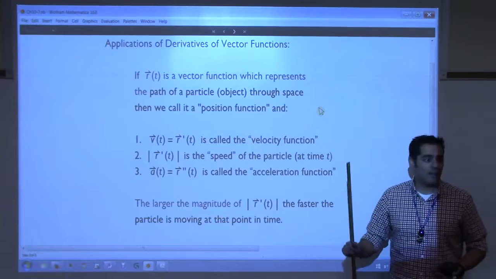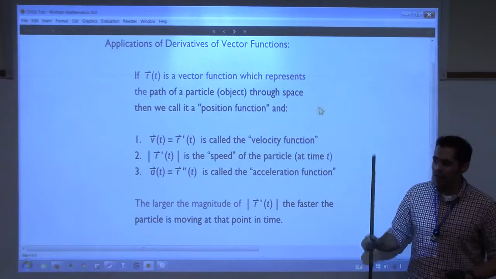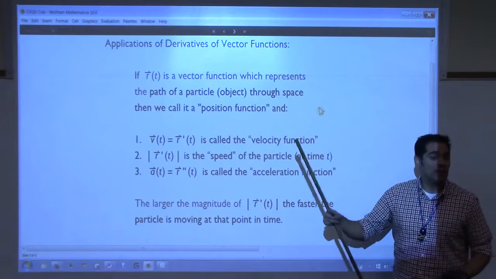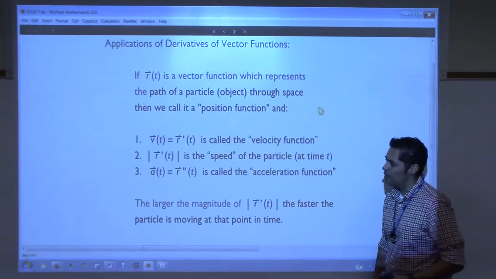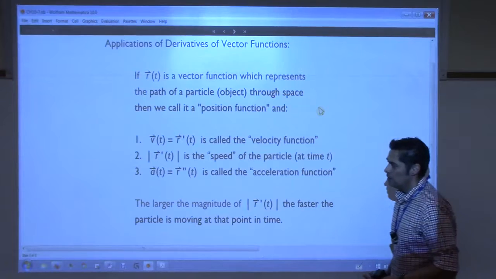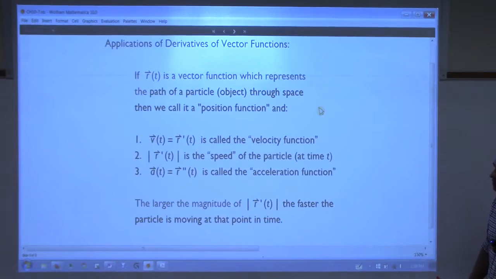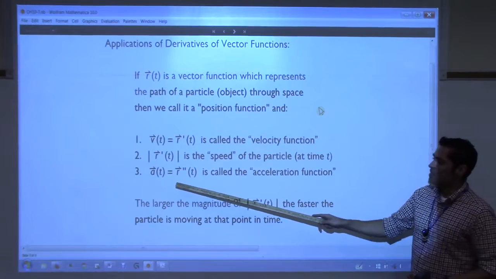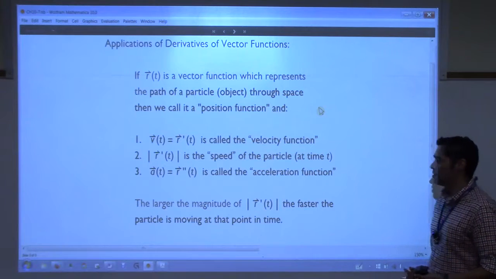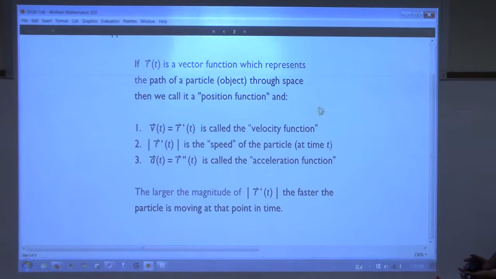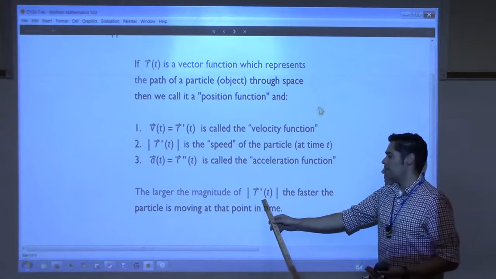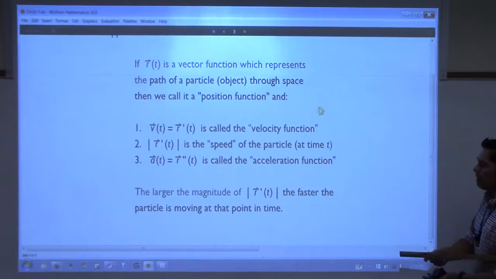Speed is the length of a vector. Velocity is the actual vector. Vectors have length and direction, don't they? So velocity is very different than speed. They're related, but they're different. And then if we take the second derivative of the position function, we get the acceleration function. The larger the magnitude of the derivative, the faster the particle is moving at that point in time.